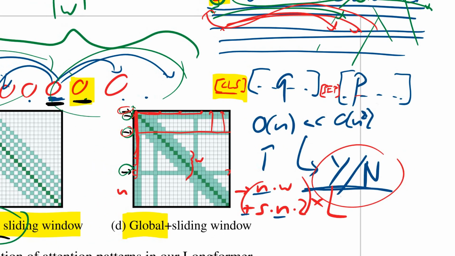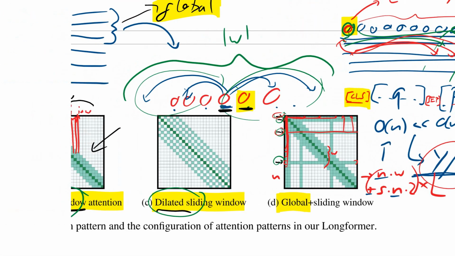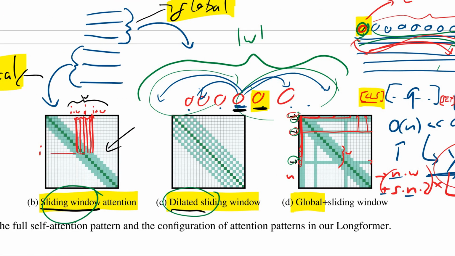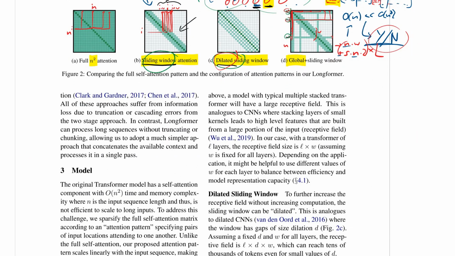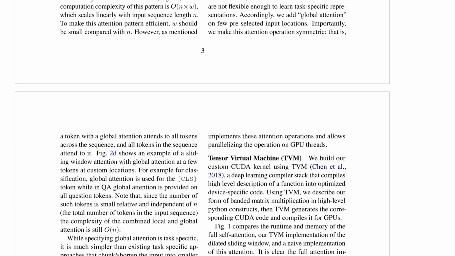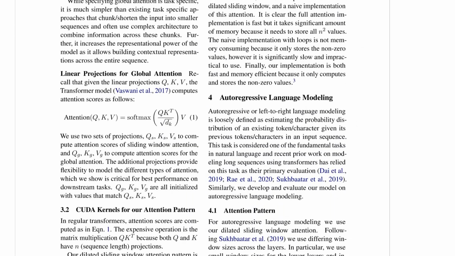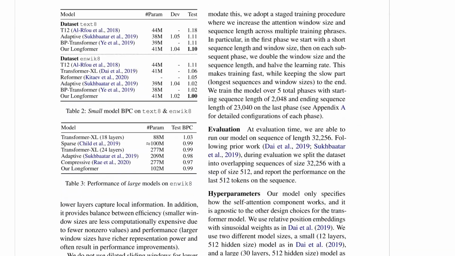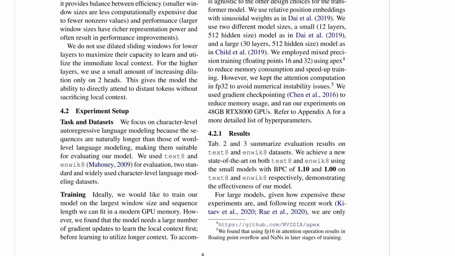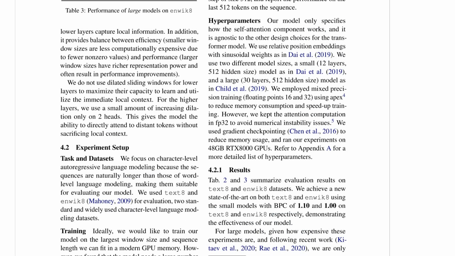So this is what the Longformer basically does. Now they have written custom CUDA kernels for doing this dilated attention and so on, which is pretty cool, and they have code available for the model. They test this on a number of language tasks, and what I find interesting is they start from the RoBERTa checkpoint.